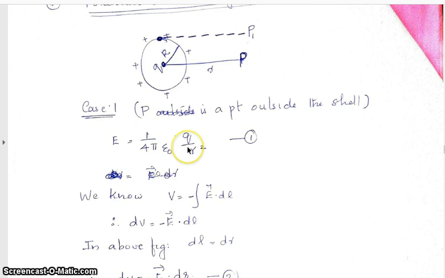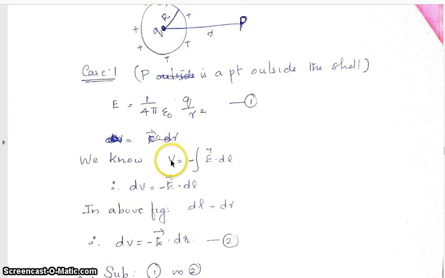Now the charge Q is placed at a distance r from point P. The first case is P is a point outside the shell. Shell is a hollow sphere. E is equal to 1 by 4 pi epsilon 0 Q by r square. We know V is equal to minus integral E dl. But here instead of dl you have to write dr because I have taken the distance as r.